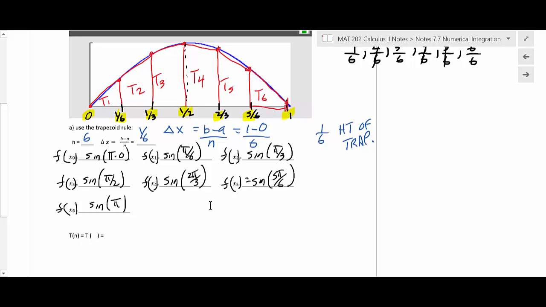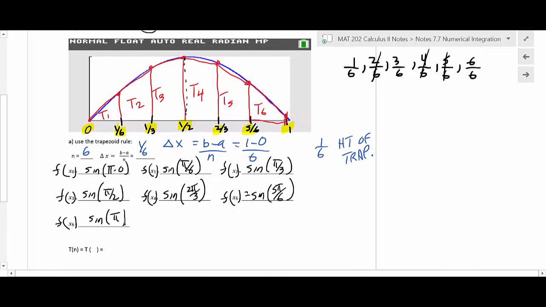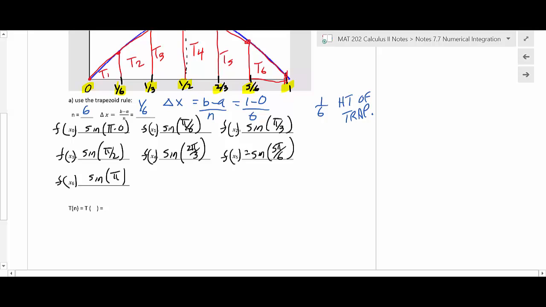Okay. So now what we're going to do is the trapezoid formula. If I ask you for T6, that means there are 6 trapezoids that we're summing. Let's go ahead and write the formula down for reference. First of all, we have the delta x all factored out. Then we do half times the first function value.